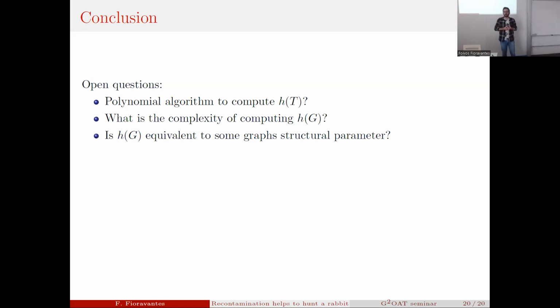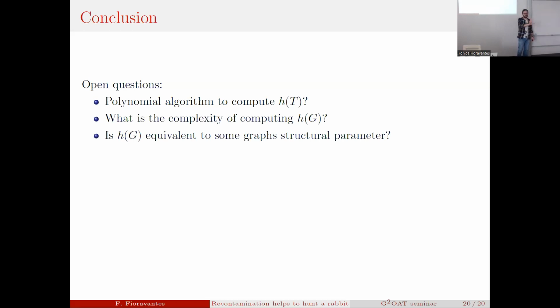What is the complexity of computing the hunting number? This is completely untouched. The monotone Hunter number, which we introduced, is between the path width and the path width plus 1, and the path width is not approximable, up to constant factor, right?